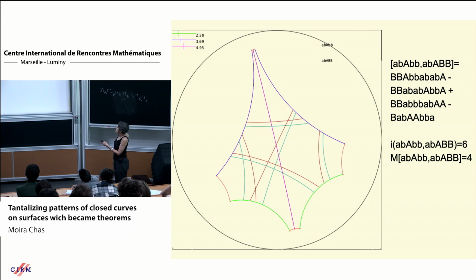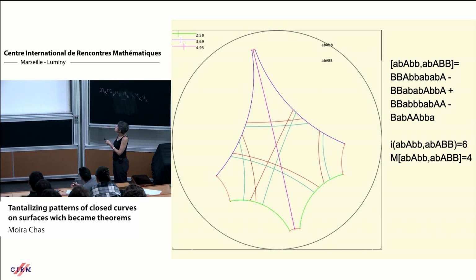So this is a pair of pants, lifted to the Poincaré disk. You glue this blue segment with this blue and the green with the green, and you will get a pair of pants. He made a fantastic app that you can ask me about and play with. You can put in curves, and it draws the geodesic, and these are the parameters of the metric.